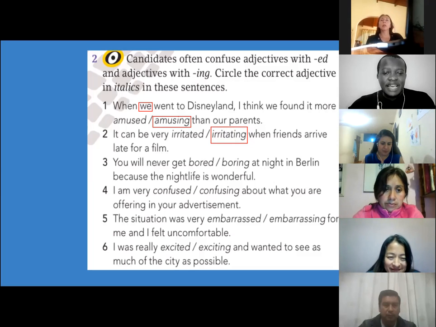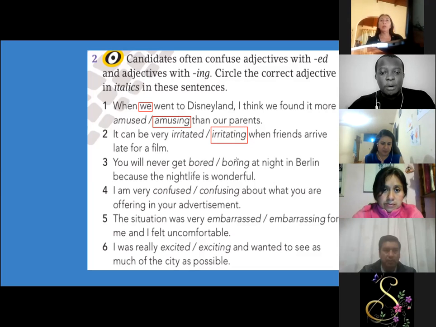You will never get bored or boring at night in Berlin because the nightlife is wonderful. Get bored. Bored, the first option with ed.